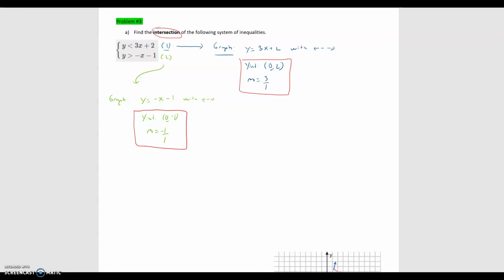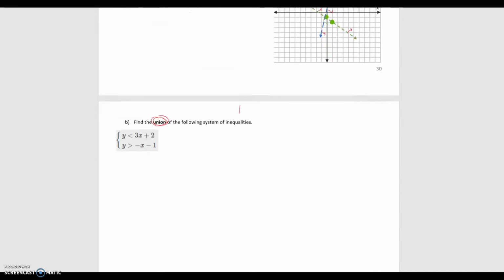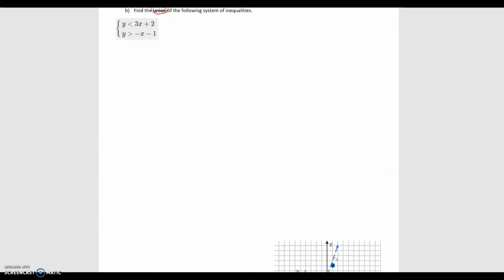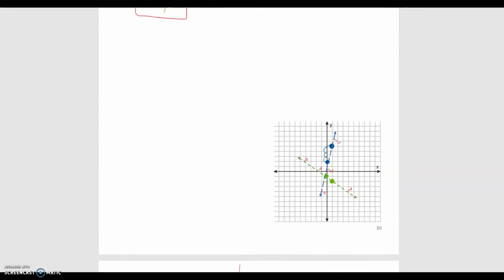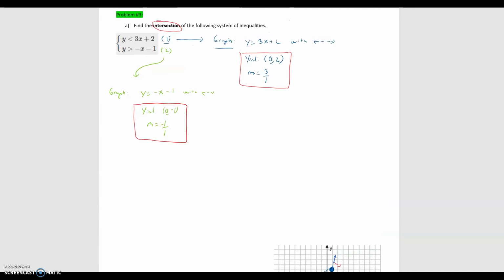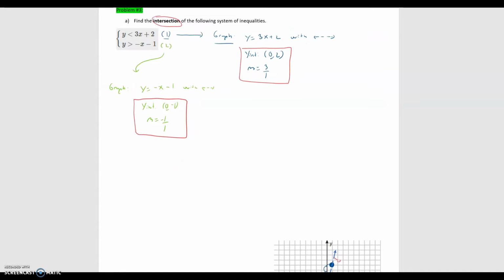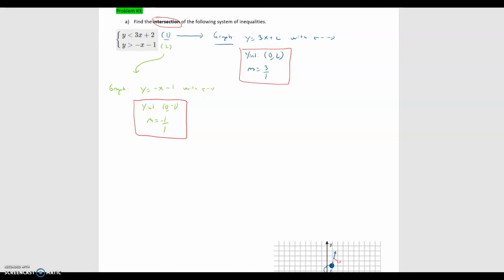Okay, I completed adding the same region to the second problem. In this case, I'm just referring to the same region, but remember that on B, we're going to be doing the union. Now, for the first one, it's going to be shading every value below. And the second one, it's going to be every value above.